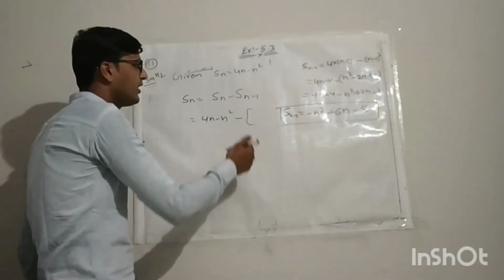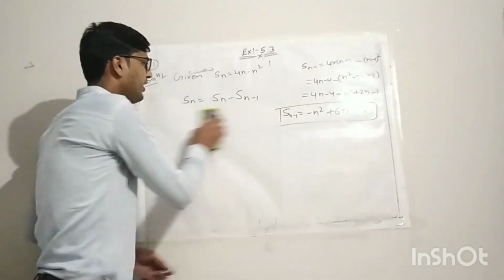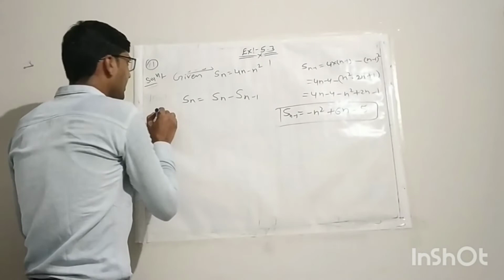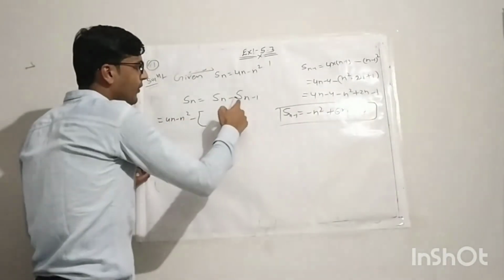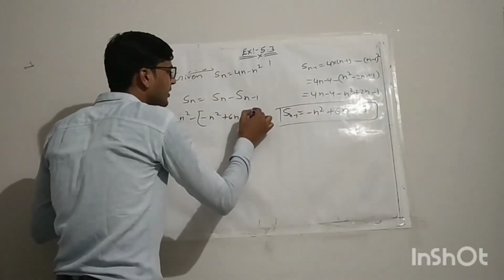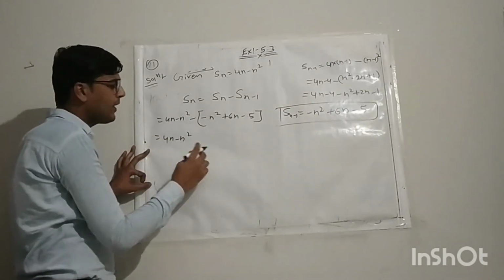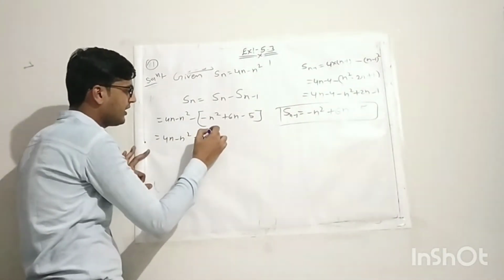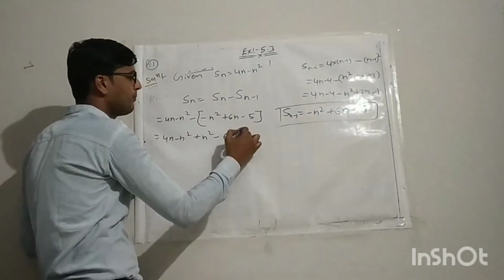So we put this value here. Simply, Sn is 4n minus n squared, minus the value of Sn minus 1, which is minus n squared plus 6n minus 5. So we simplify. First we open this bracket: plus n squared, minus 6n, and plus 5.